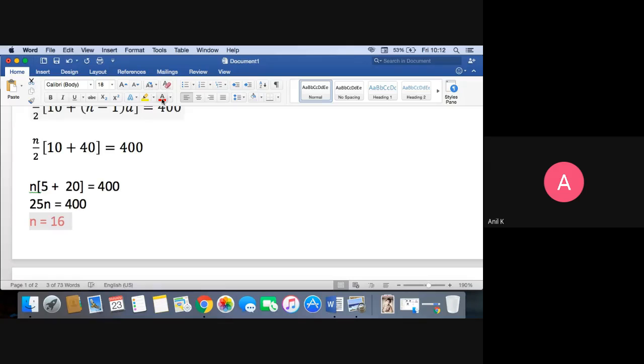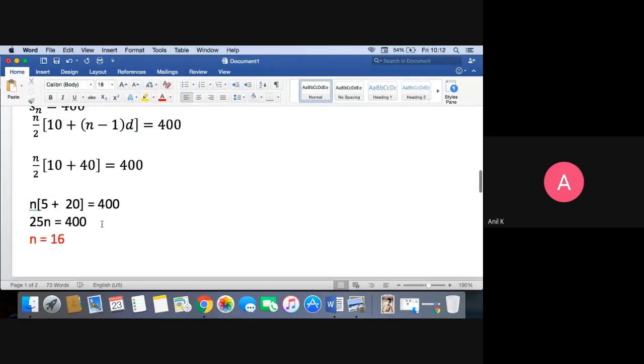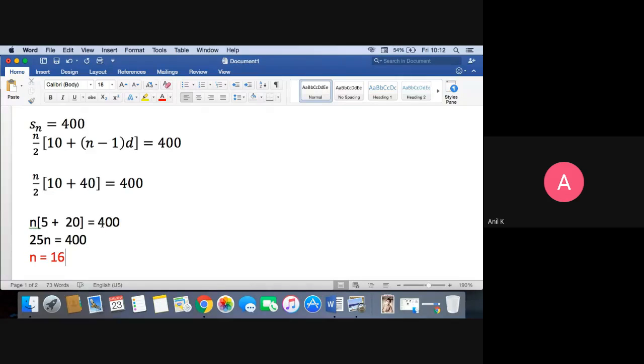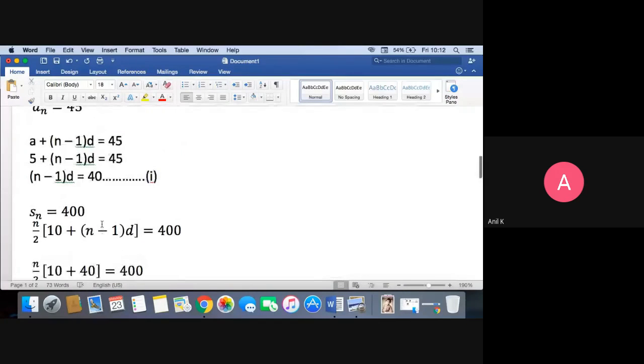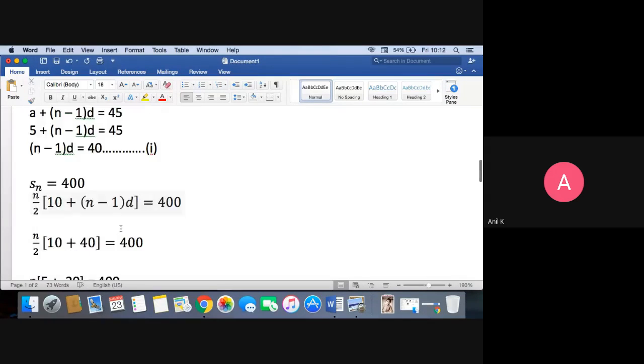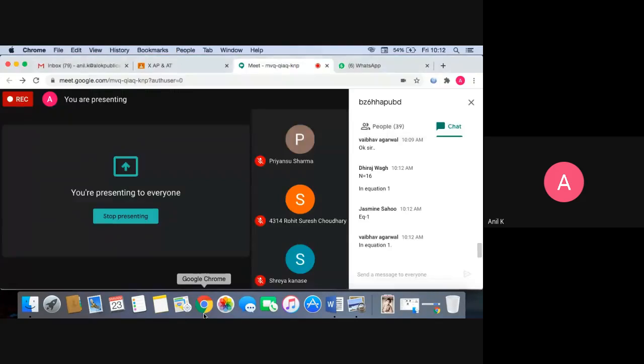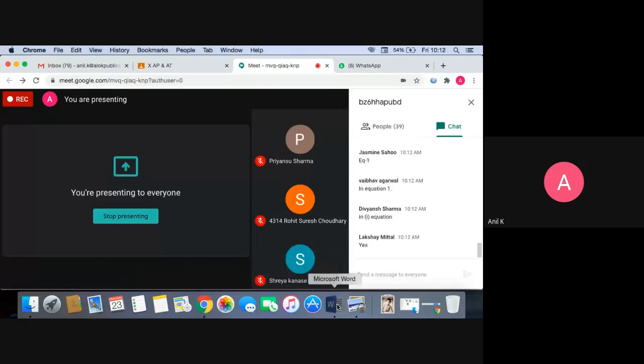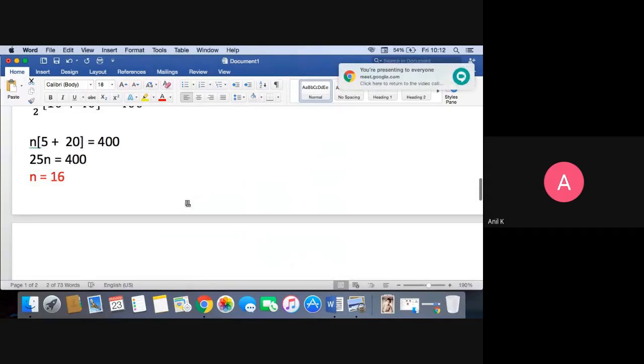What they asked, find the n value as well as the d value. Can anyone tell me where to substitute this n value so that I can get the d value? In which equation do I have to substitute? n value is 16. After substituting here, I think I'll get the d value. Let me see. Yeah, in equation 1, correct. So from equation 1, let me write the statement.